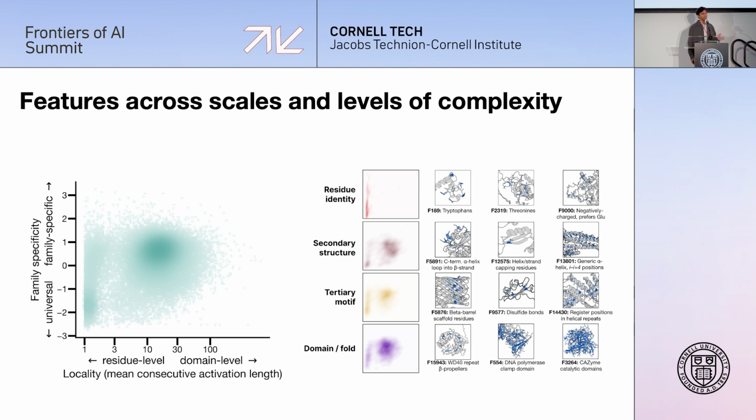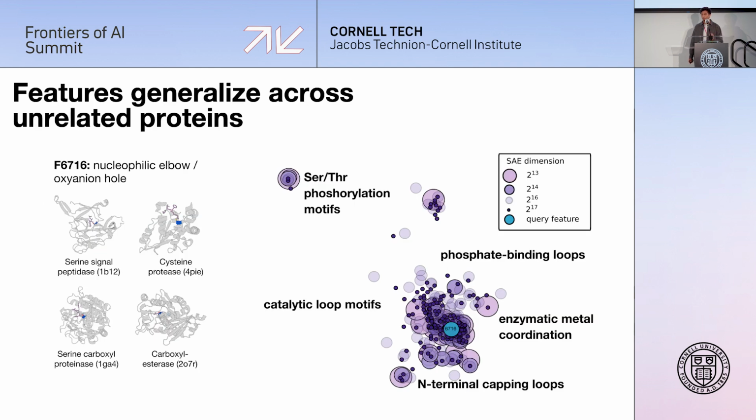I'm not going to be able to touch on all of the interpretability work, but I want to say a few things about it. We also spend a lot of time digging into what ESMC is learning and what it is representing as it trains on these protein sequences. And we find a really interesting decomposition of biology, which touches on residue level chemistry up to domains and represents active sites in really interesting ways. I'm going to show one example, which I think is illustrative.